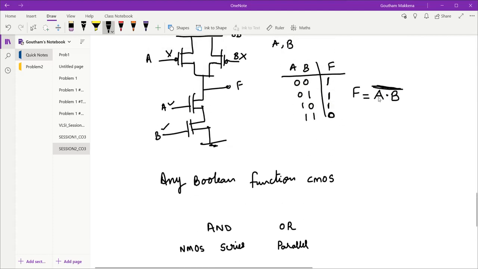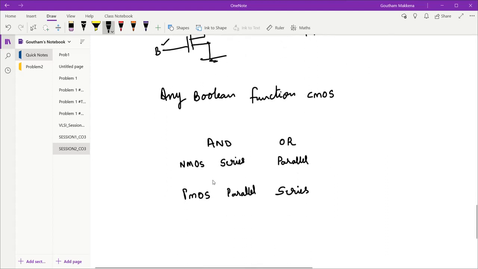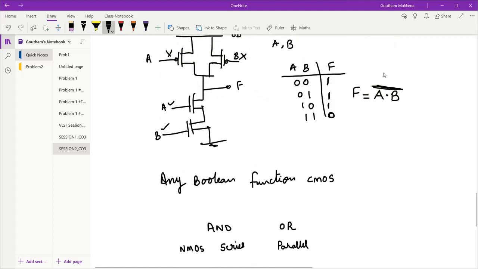You see here an AND operation is happening, NMOS is in series and PMOS is in parallel, like we have concluded in the table over here. But the output is complemented, isn't it? There is a whole complement as well. So in your CMOS logic style, your output is always complemented.